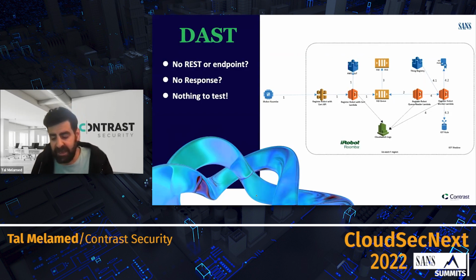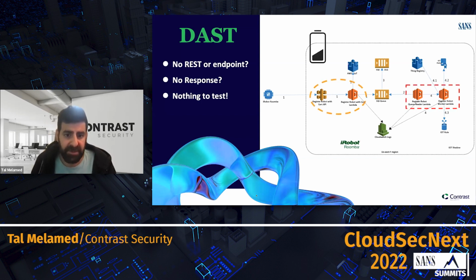Dynamic scanning, where you point a scanner at your website and it tries to find vulnerabilities. The problem is, it really requires endpoints, so REST APIs. So it will just give you a small coverage of your application. And they rely on synchronous interactions, so request and response.